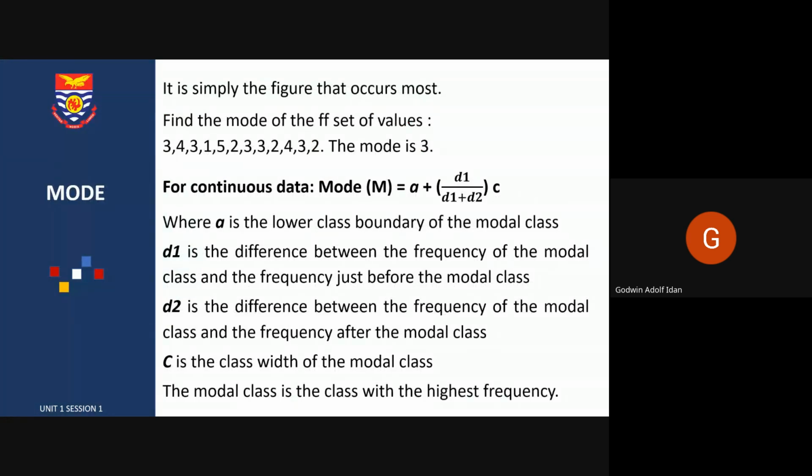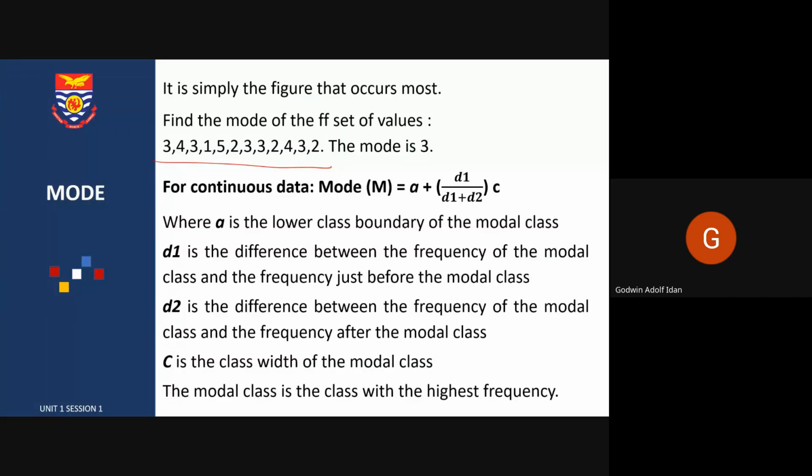So let's continue with the mode and then we solve a question together. The mode, I explained, is just looking at the most occurring value. If you have ungrouped data, you just have to study the observations and look at the one which is most occurring, and that represents the mode.